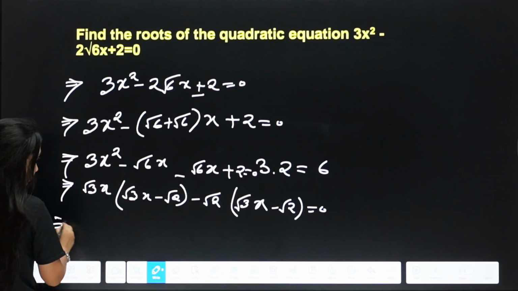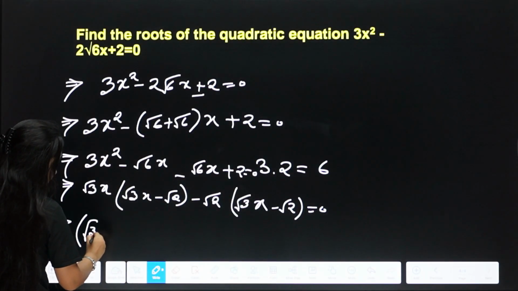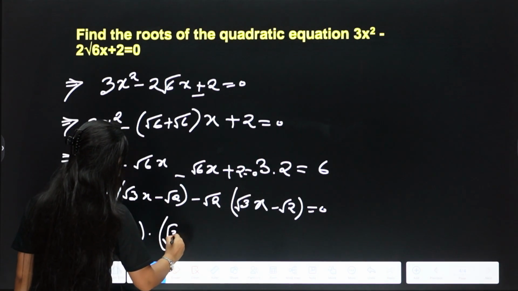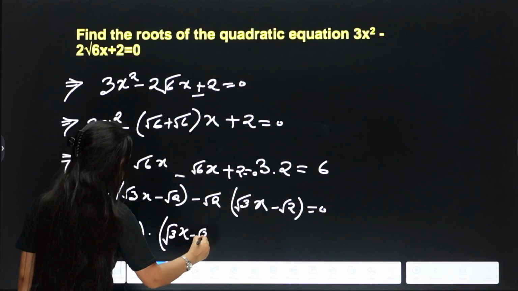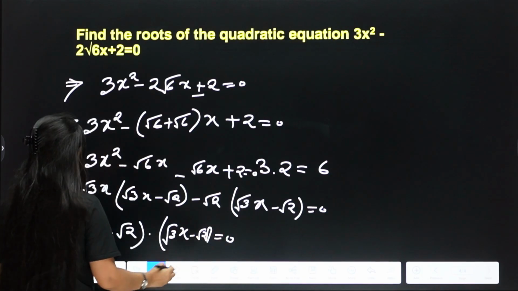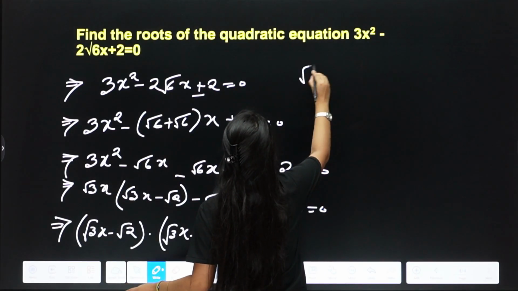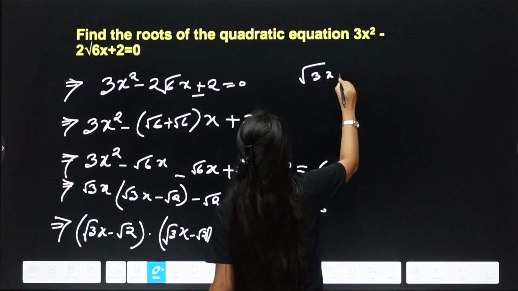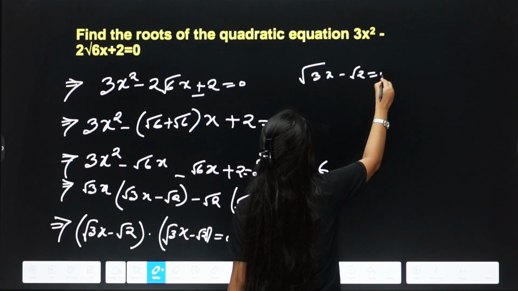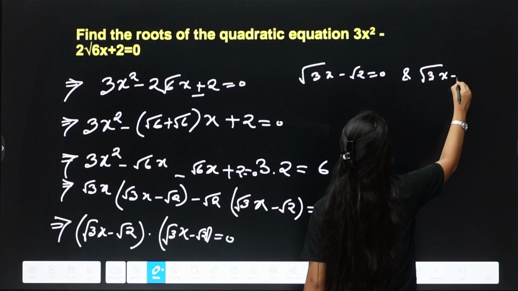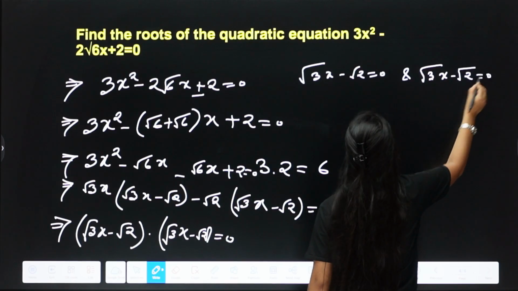Then it will be root 3x minus root 2 into root 3x minus root 2 is equal to 0. Then here we can say that root 3x minus root 2 is equal to 0 and root 3x minus root 2 is equal to 0.